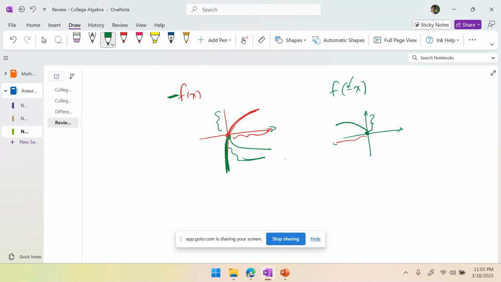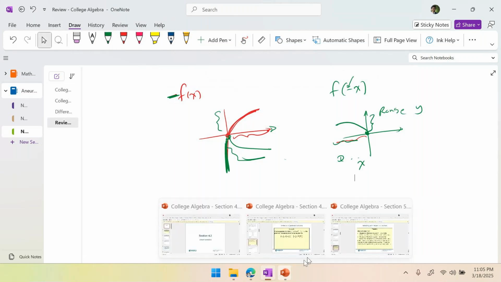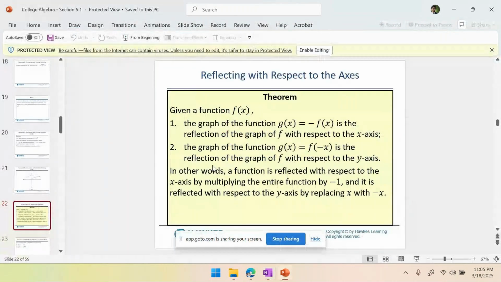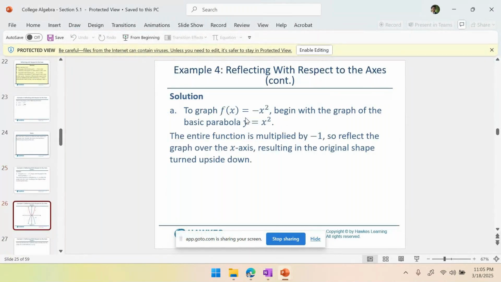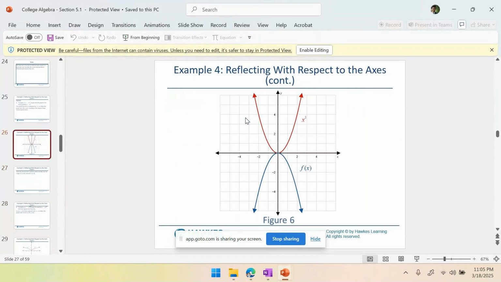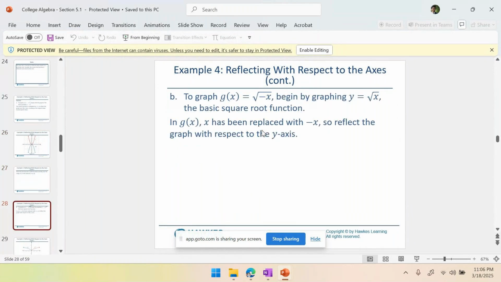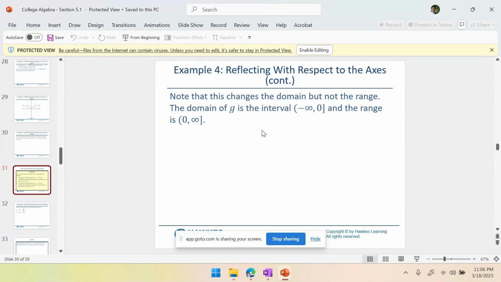Range is all the y values, domain is all the x values, right? Okay, and then we did a couple more transformations. Now this is the reflection. And after that, it flips across the x-axis and then the y-axis.